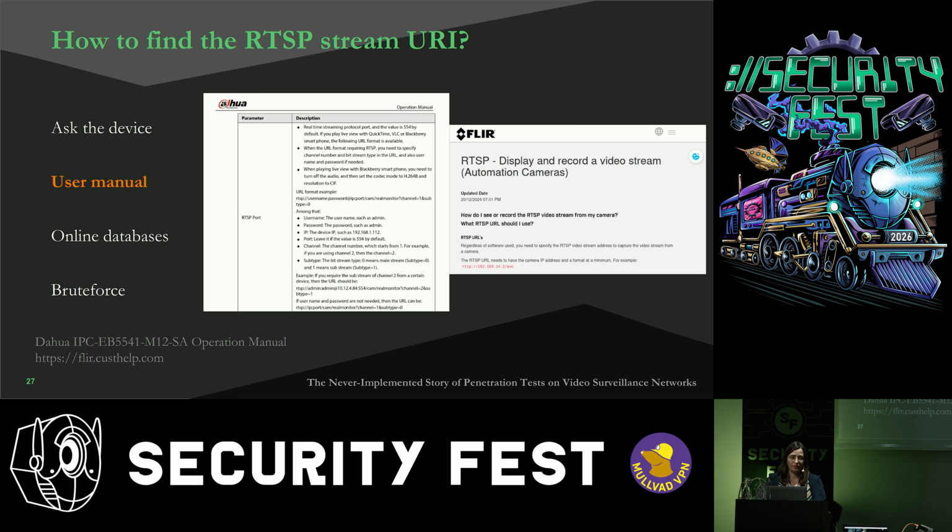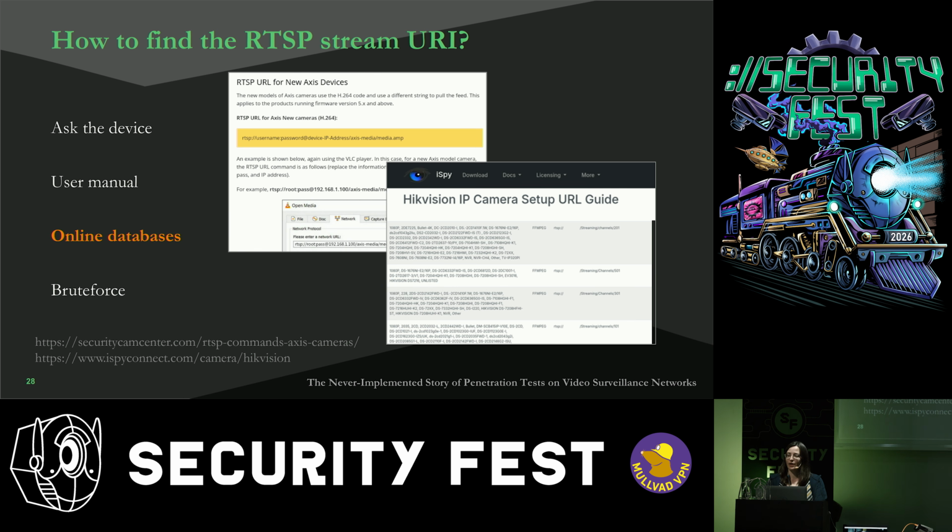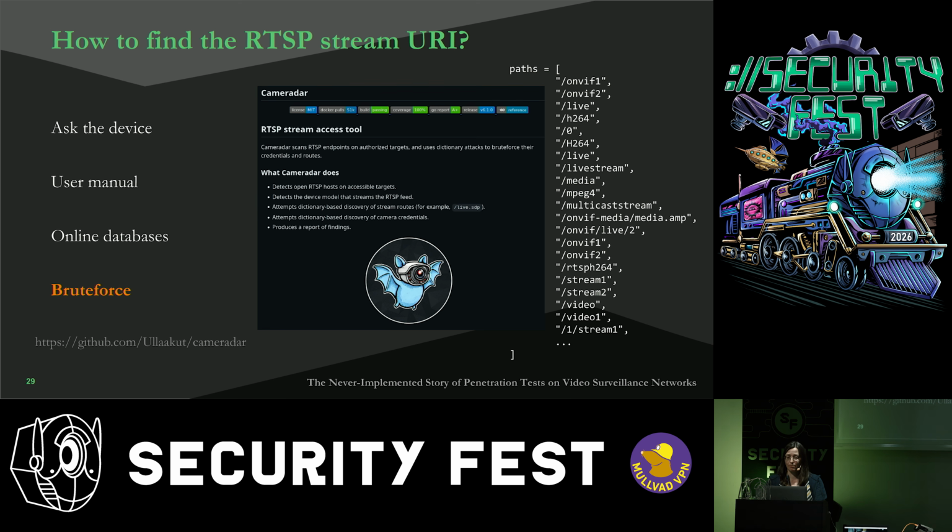We can also sometimes find the stream URIs in the user manual, but not that often, because users are not supposed to know this information; they are supposed to use the software to access it. There are also very big online databases with a lot of stream URIs that can be used. And finally, for simpler paths, the tool Camera Radar that brute forces RTSP credentials can also brute force RTSP stream URIs.